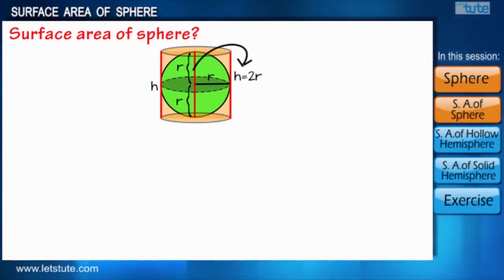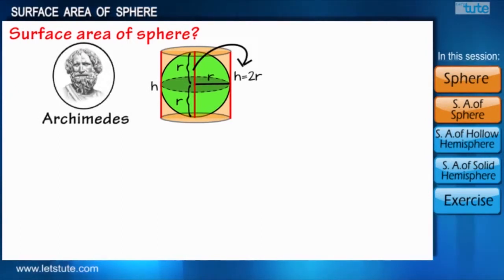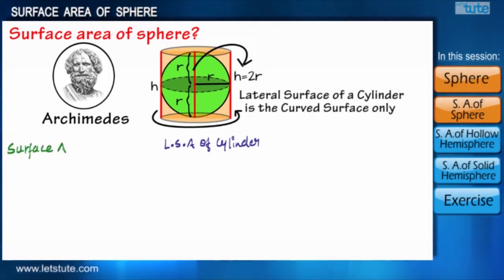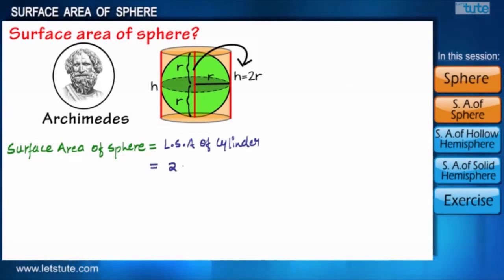Then it is proved by the great mathematician Archimedes that the lateral surface area of the cylinder will be the same as the surface area of the sphere. And we know that the lateral surface area of a cylinder is 2 pi r h, where r is the radius and h represents the height of the cylinder, which can also be replaced by the diameter of the sphere, and hence it can be written as 2 into radius.